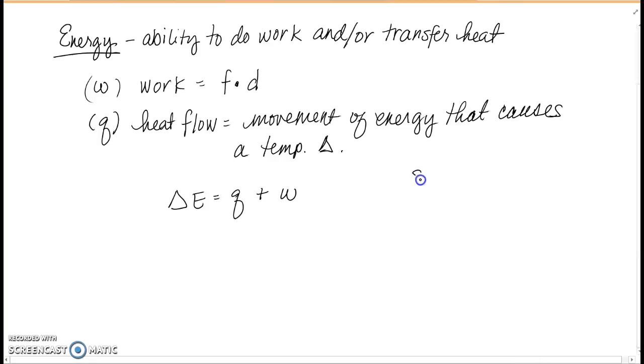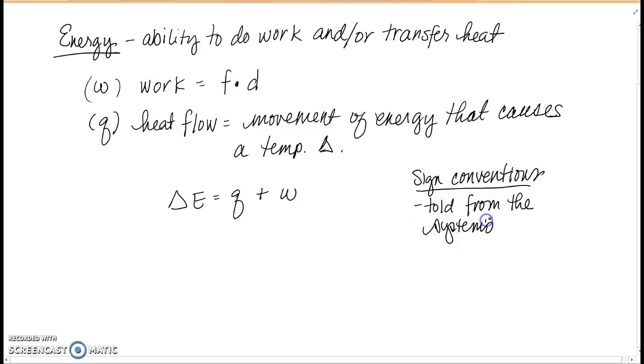So let's just take a moment to understand sign conventions in chemistry. When I talk about signs, I mean plus and minus. Sign conventions are told from the system's point of view. So we'll see this here in a second.